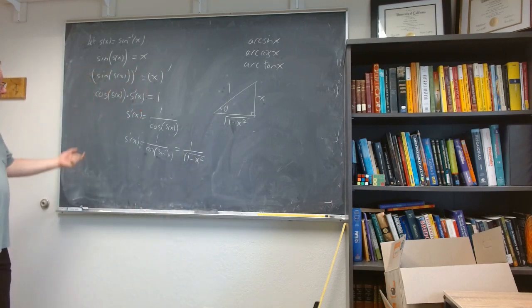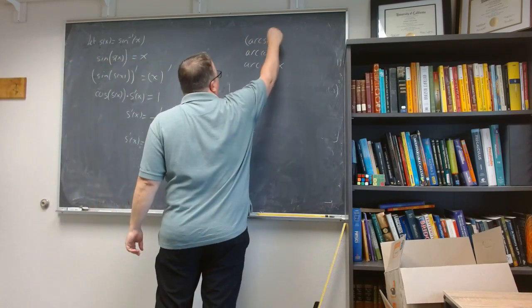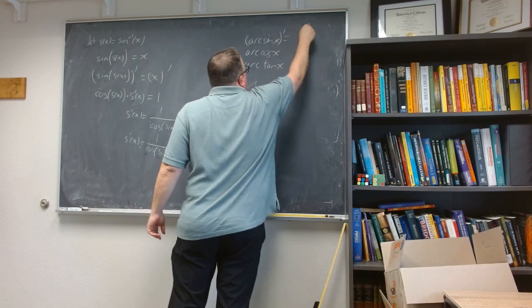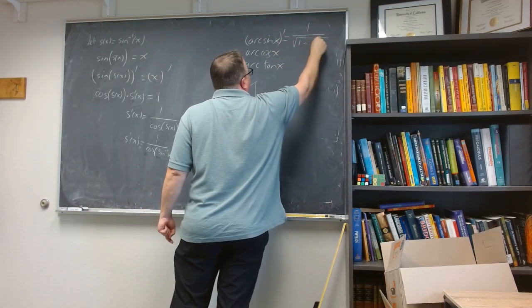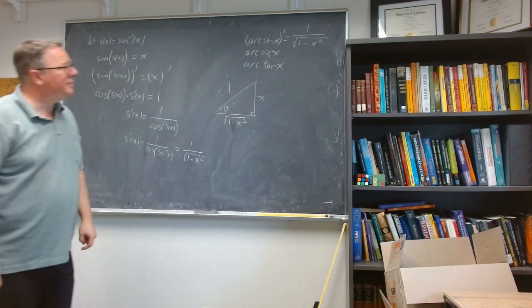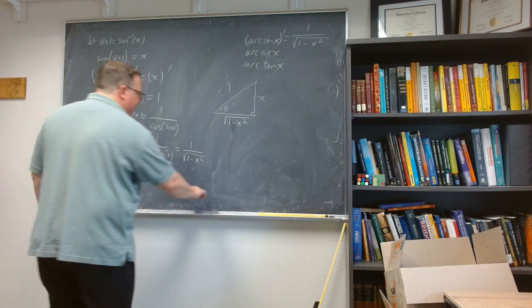And this is, in fact, the formula for the derivative of arc sine. So we have that the derivative of arc sine is 1 over the square root of 1 minus x squared. Well, that's just cool. OK, let's take a look at arc cosine and see how different that argument is.